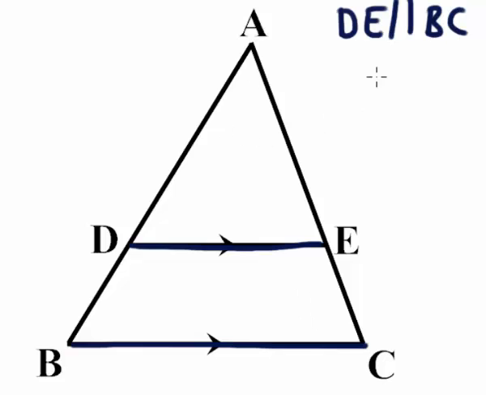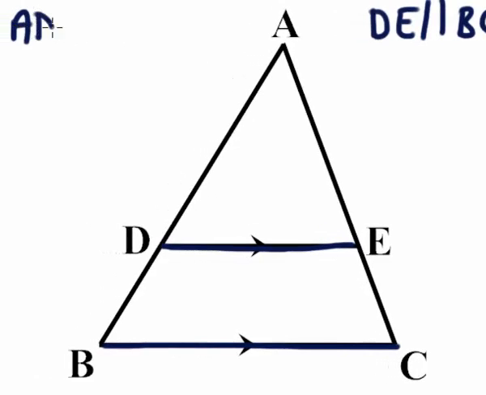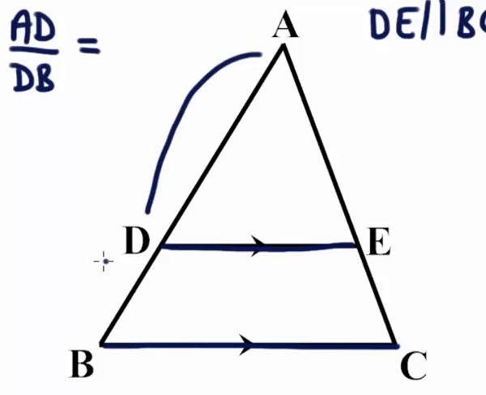Now what it really means is this: if DE is parallel to BC, then whatever the length of AD is, if you take AD and divide by DB, that is actually the same as AE over EC.